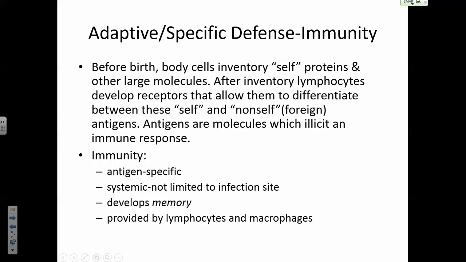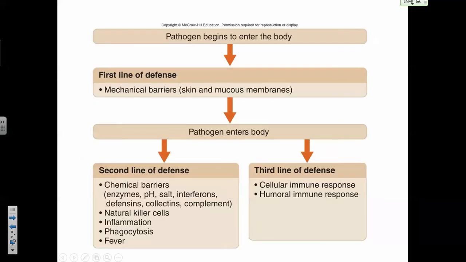On your test, if I ask you what the cells of immunity are, your immunity is provided to you mostly by lymphocytes, but also your macrophages, which are some of the phagocytes of the body. If we look at our body defense, we've talked about your first and your second line of defense. When a pathogen first enters you, the first thing it's going to encounter are barriers like the skin and various mucous membranes.